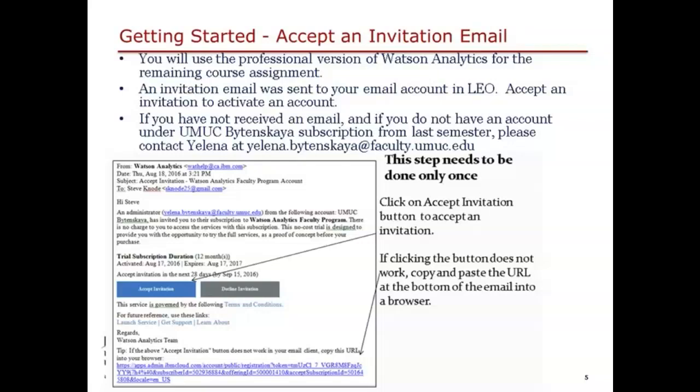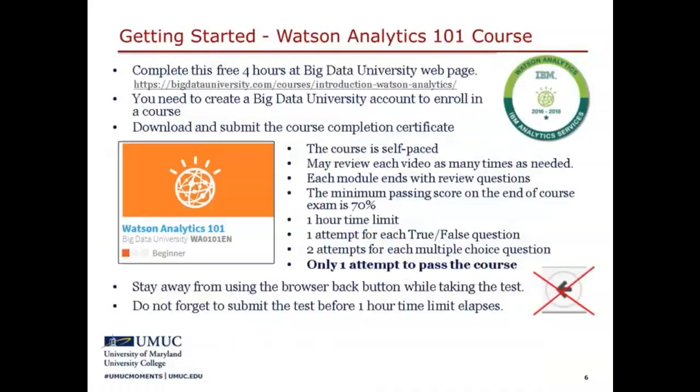Next slide. This slide is about the course that you need to take. You're going to put this web page in a browser, and you need to create a free account at Big Data University. It's totally free. Then you're going to enroll into the Watson Analytics 101 course. This course is self-paced, and you may watch the videos as many times as you need.